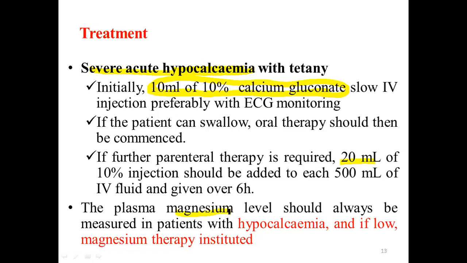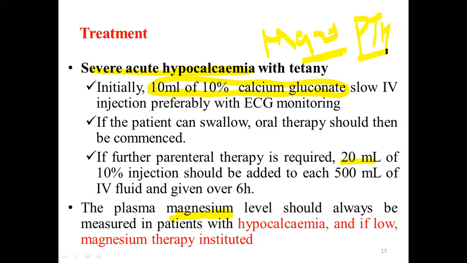So in case the patient is not responding to calcium gluconate, you have to check whether the patient is having magnesium deficiency, because magnesium is a very important electrolyte that can promote the secretion of the PTH from the parathyroid gland.